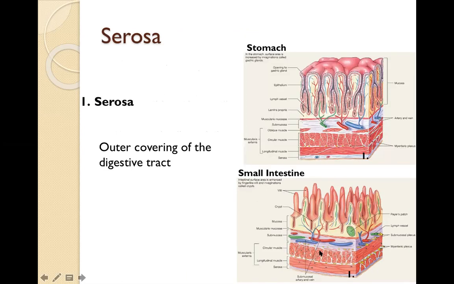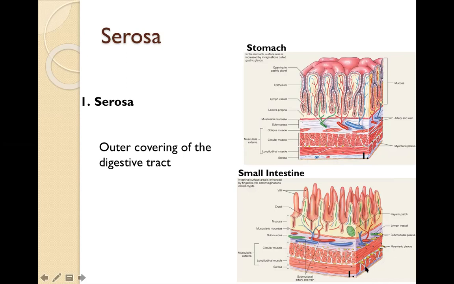The last layer of the GI organs, specifically the stomach and the small intestine, is the serosa. So deep to that longitudinal muscle in both, there's another small layer that contains a bunch of connective tissue, and it contains some blood vessels, arteries and nerves, and it really just allows for the integrity of the organ to be maintained.